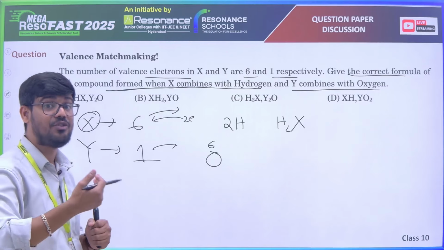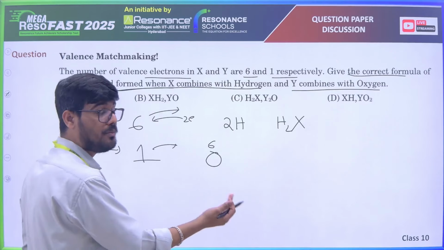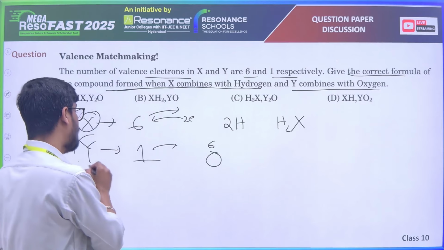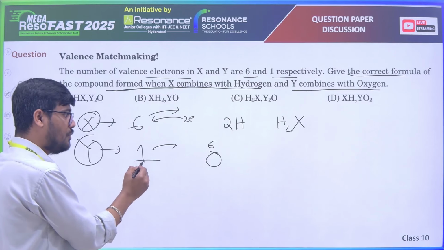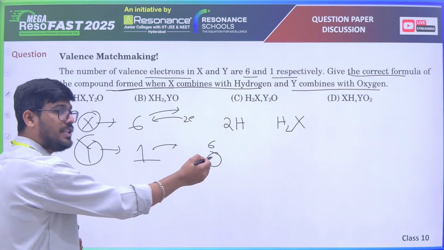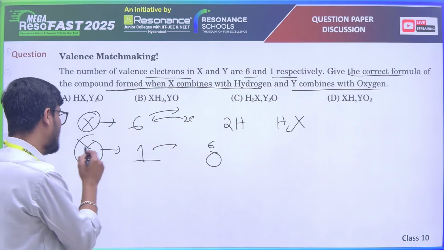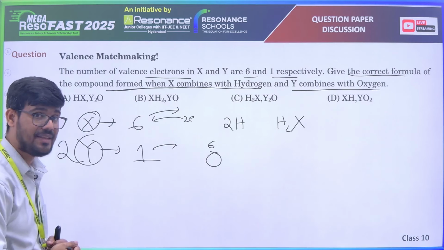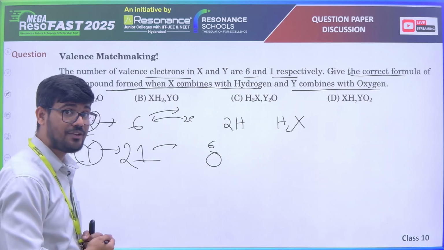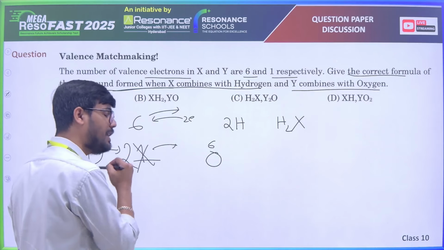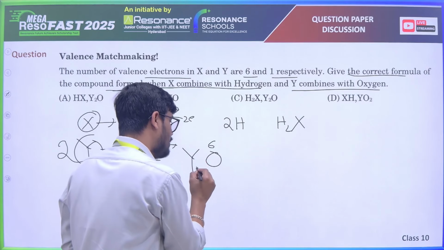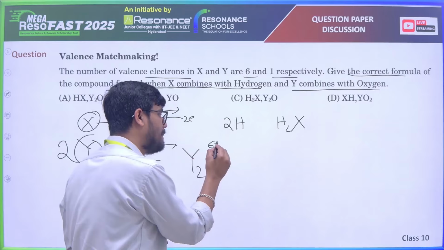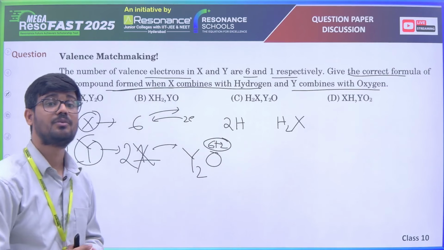So it will try to gain another 2 electrons. From whom will it get those 2 electrons? From Y. If each Y gives 1 electron, then oxygen from 6 will become 7. So that's why 2Y. If 2Y is there, they will give 2 electrons. Okay, instead of 1 they will give 2 electrons. That means oxygen also, 6 plus 2, octet configuration will be satisfied.